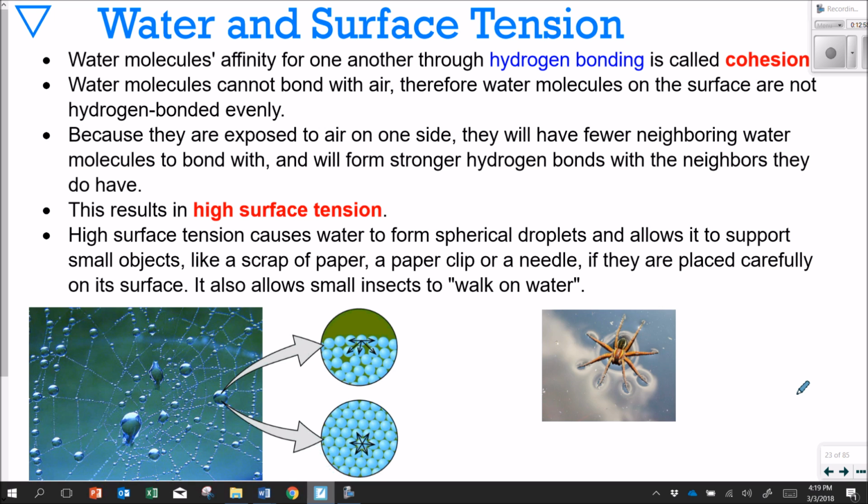What that does is it causes water to form spherical droplets, and it allows water to support small objects such as a scrap of paper, a paper clip, a needle, and if they are placed carefully on top of the water, they will float. It also allows small insects to walk on water.